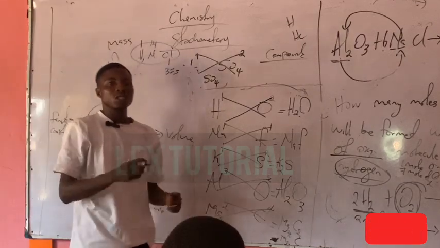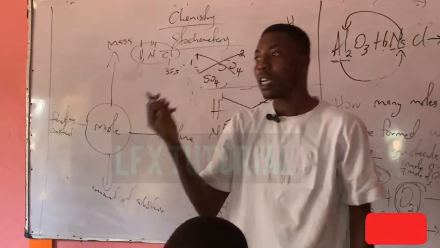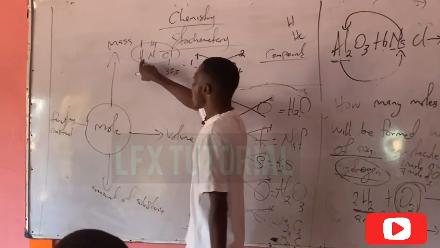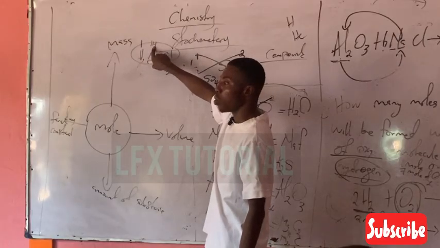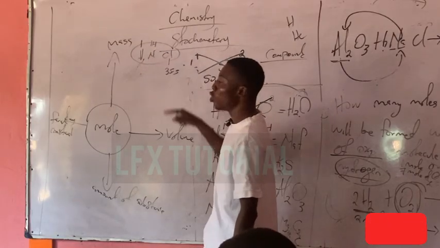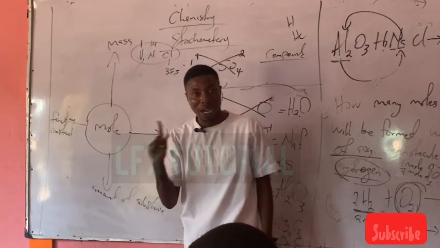I'm going to teach you a cheat you can use to know the mass of all the first 20 elements. So, the mass of hydrogen is 1, nitrogen is 14, chlorine is 35.5 grams. Have it in mind.